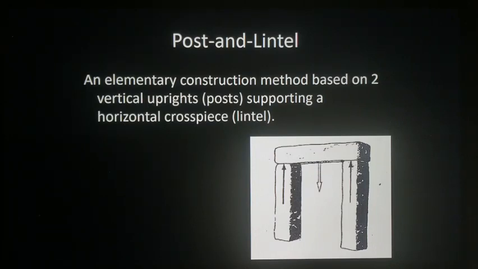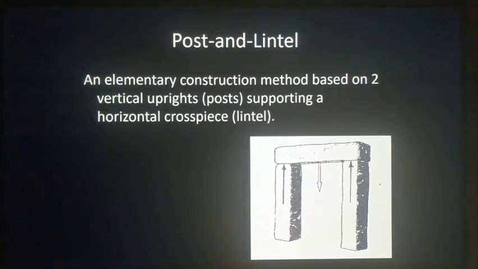So post and lintel allows us to make our structures a lot more airy, adding windows, doorways, openings, gathering areas underneath. But it's nothing more than using a vertical post and then a horizontal beam, which we're referring to as a lintel that you can see here.